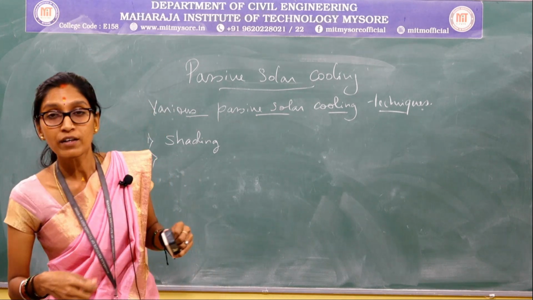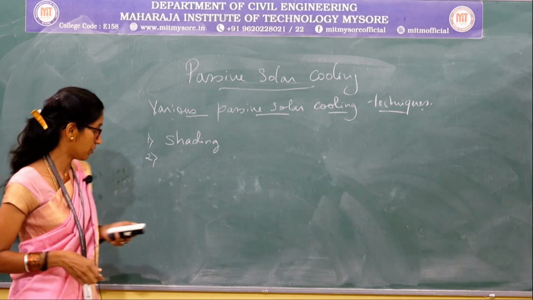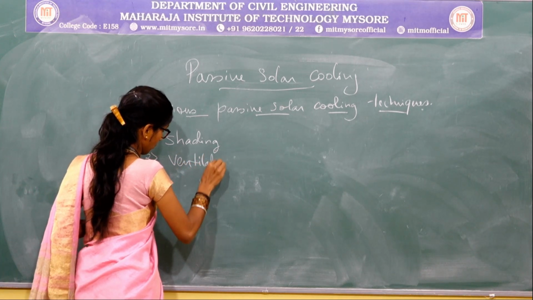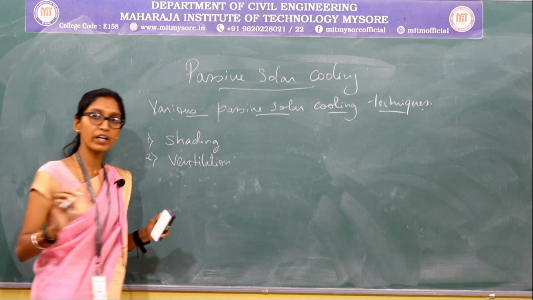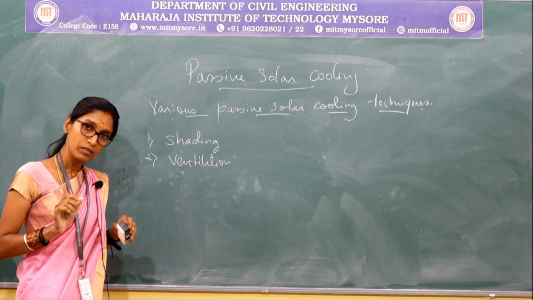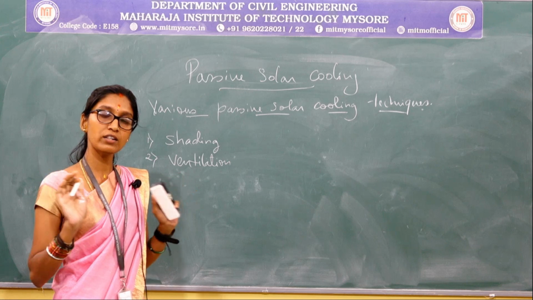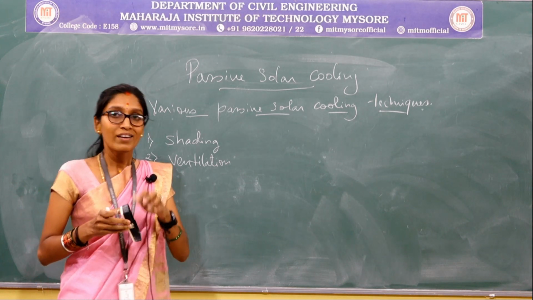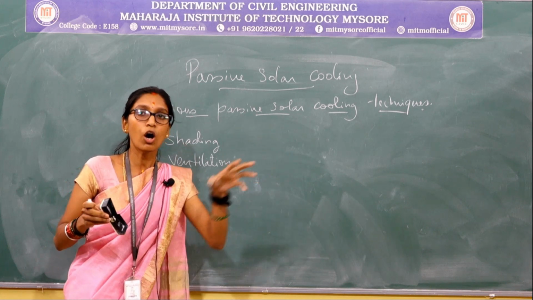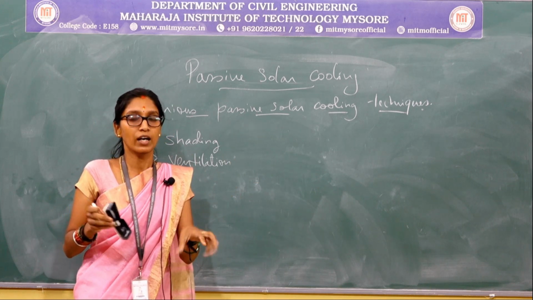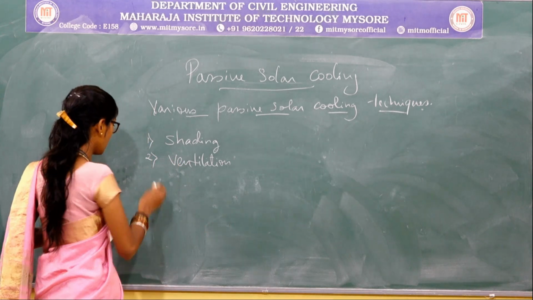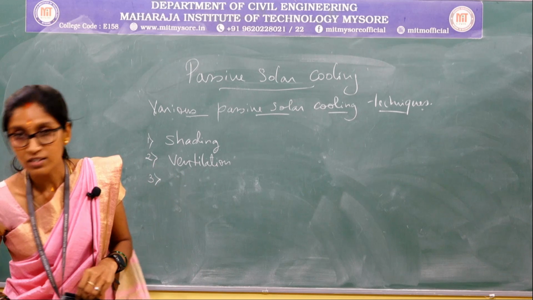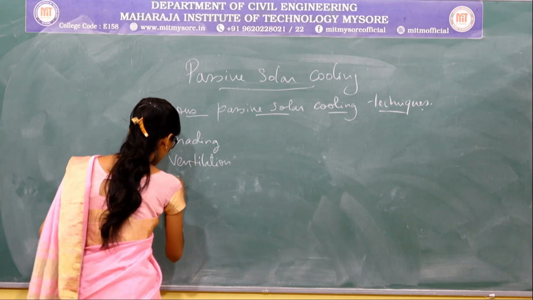So after shading, it is nothing but the ventilation. Okay. Which causes the free movement of air to take place. And once fresh air enters into a building, obviously the system is going to remove the hot air which is already present inside and provide comfort in a particular zone, right? And the third one is the solar chimney.